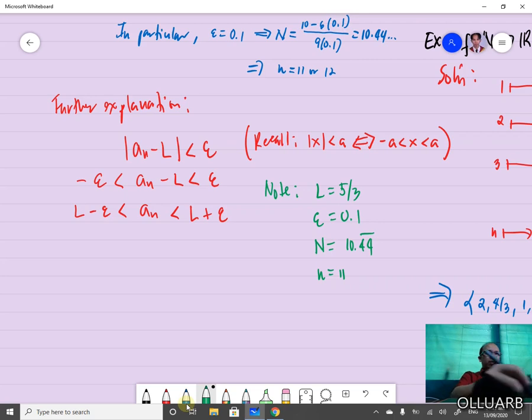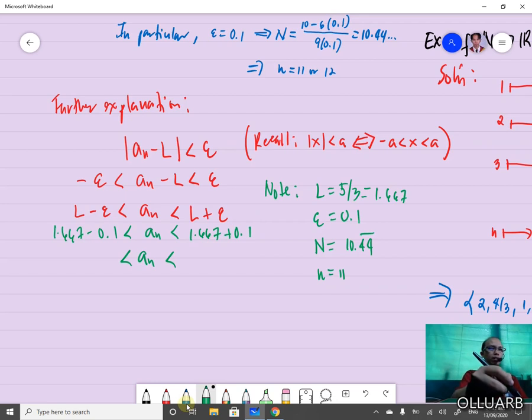for example, 5/3 is 1.667. So let's try to truncate that one. 1.667 minus 0.1 less than a sub n less than 1.667 plus 0.1.